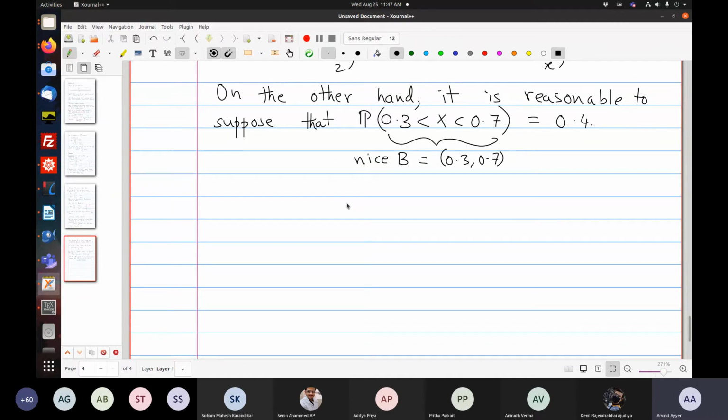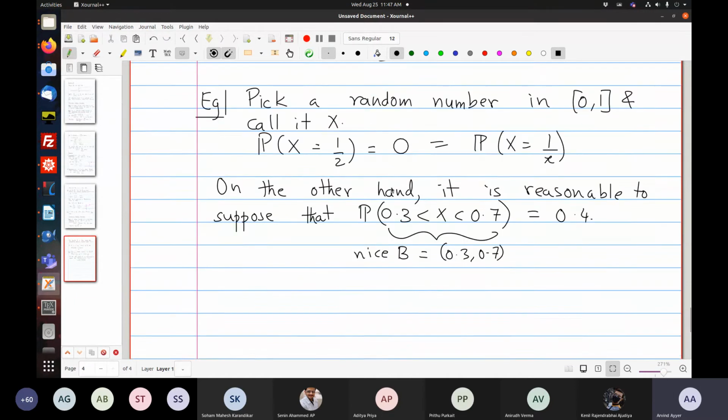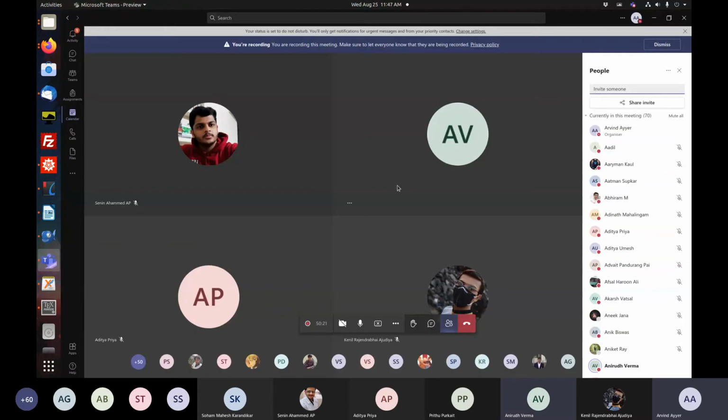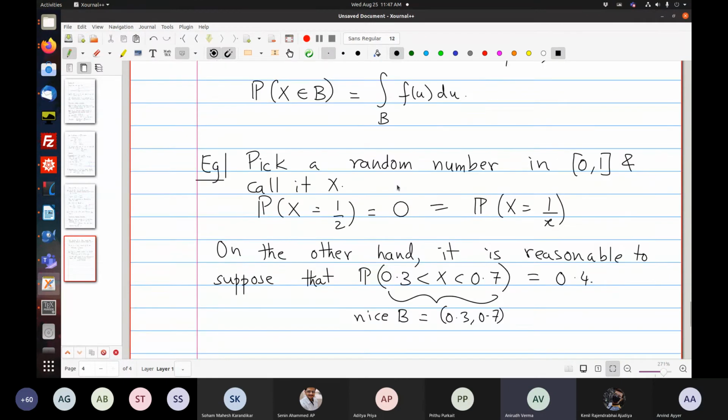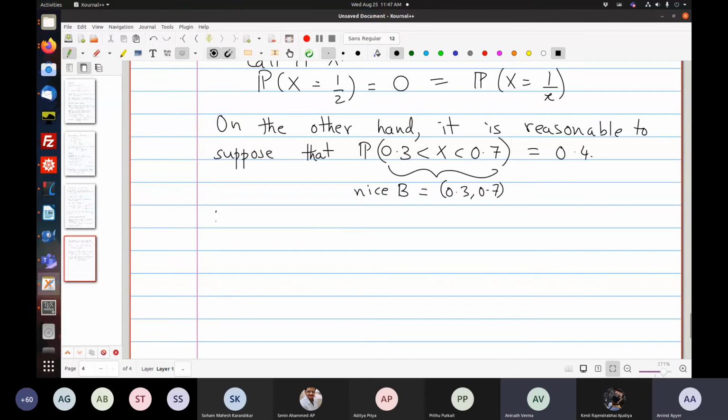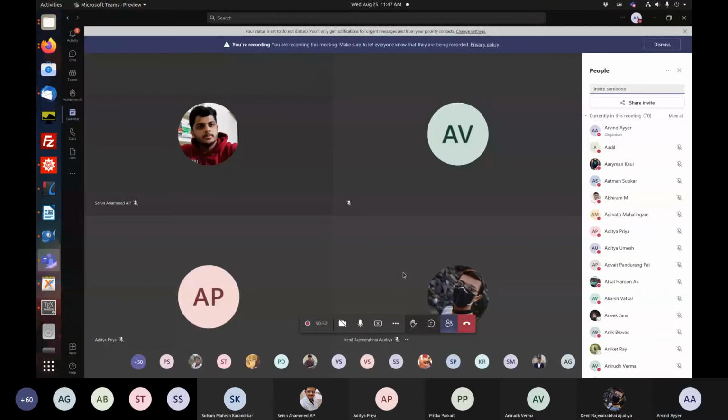Excuse me, sir. In the starting, we defined P of A less than X less than or equal to B as F(B) minus F(A). Here, the probability of A less than X less than or equal to B is the integral from A to B of f(u) du.